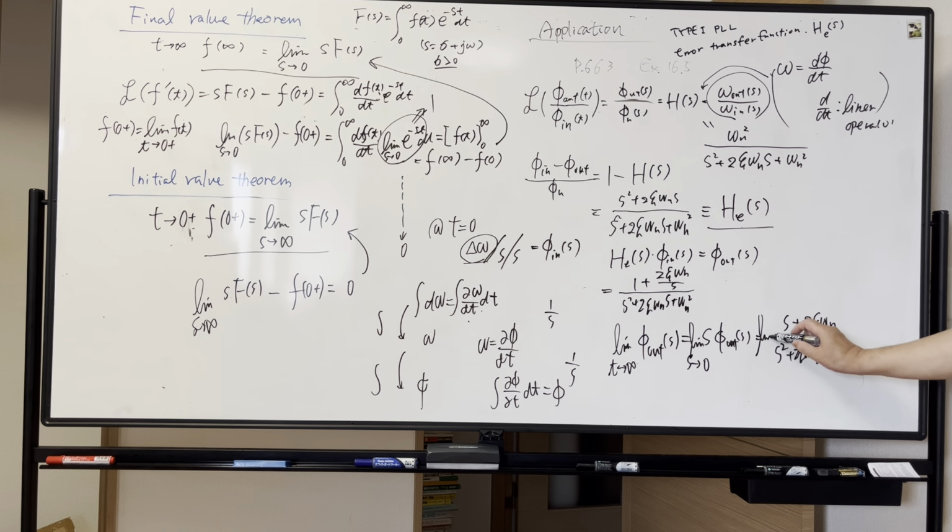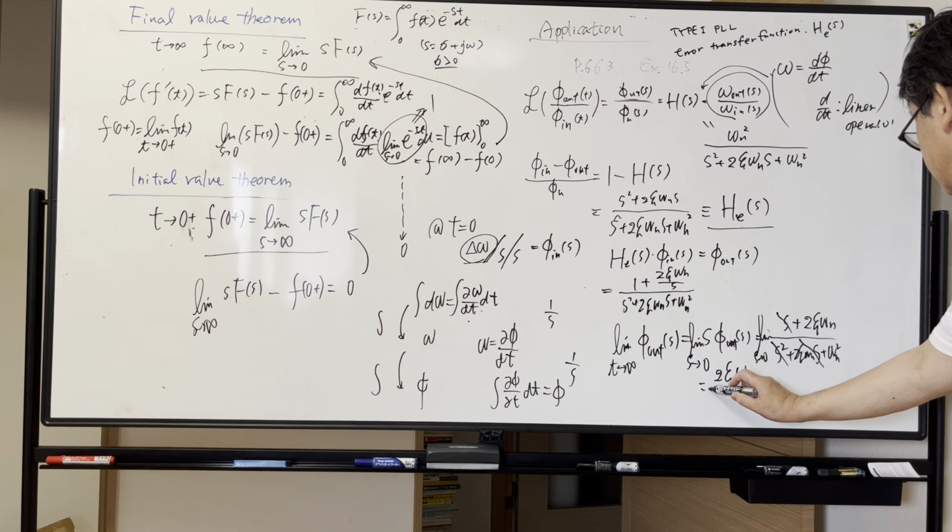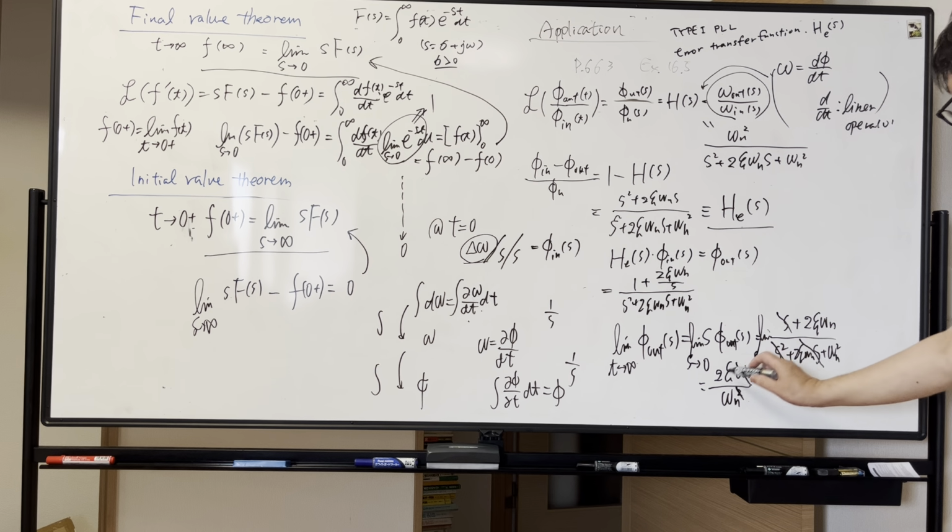As s approaches 0, this is 2 zeta omega sub n divided by omega sub n squared, which gives 2 zeta over omega sub n.